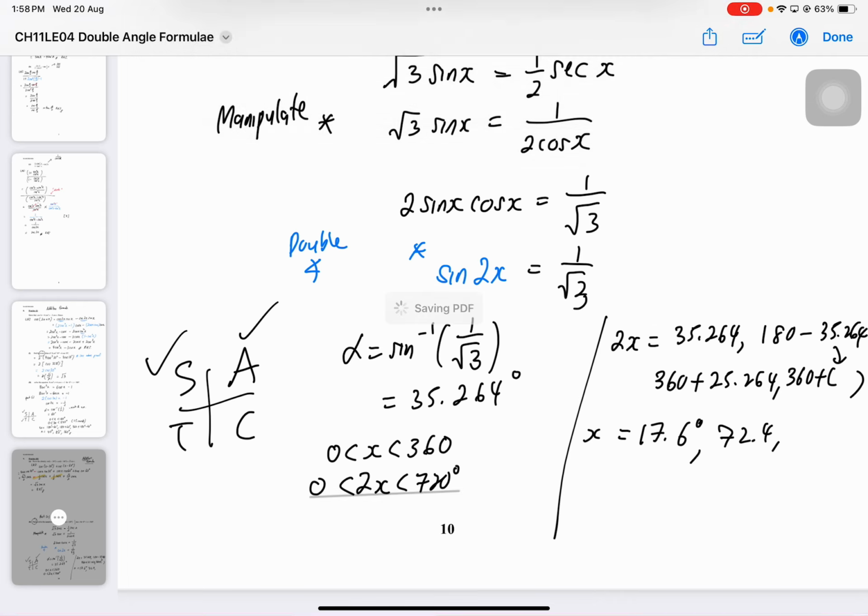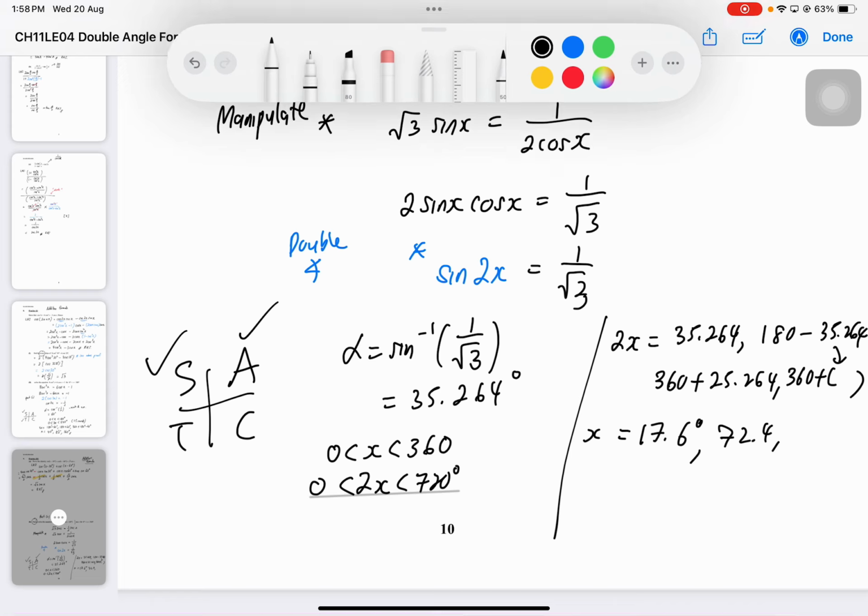Okay, 35 not 25. 360 plus 35.264. 197.6. Divide by 2. 252.4 degrees.